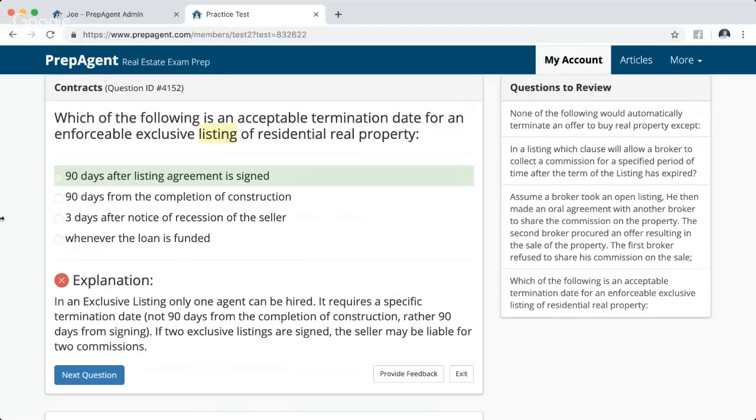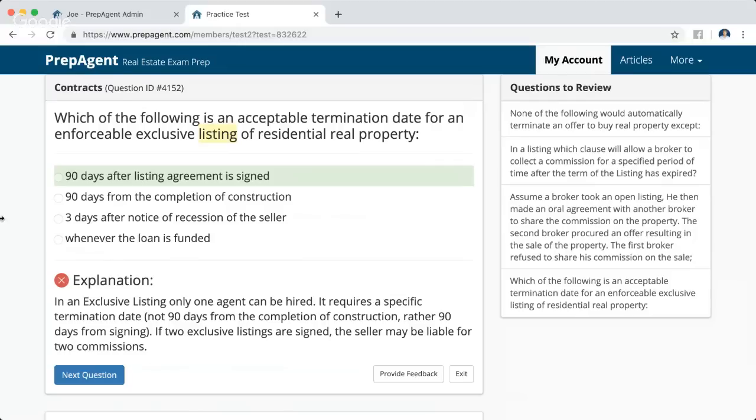Listings go into two categories. What are the two categories for the listing? Nice job, Brandy Judge. You got open and exclusive.